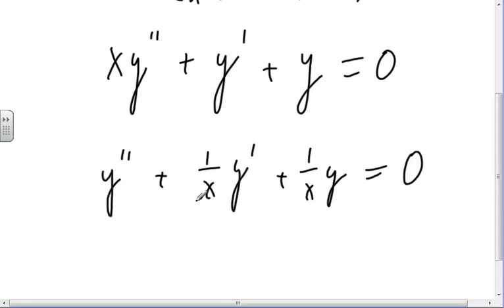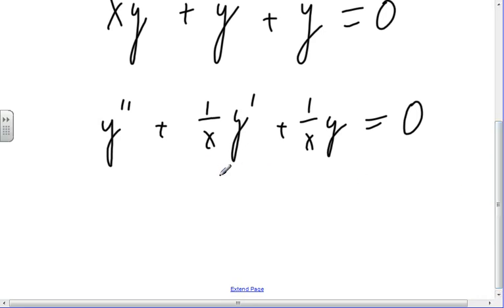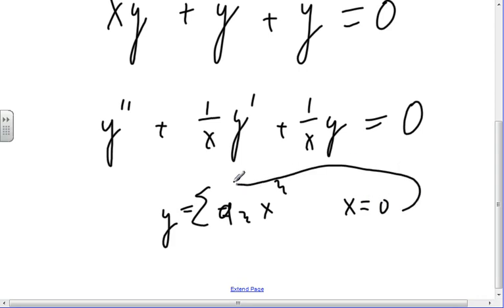And then I try to use my procedure for y is equal to a_n x to the n. If I try to use a series expansion, I run afoul, I won't get an answer, and the reason is because I'm doing an expansion around x is equal to 0, and x can't be equal to 0. Okay, and that's my problem.